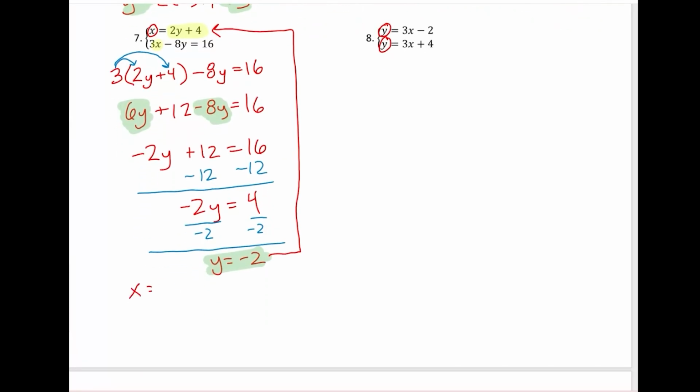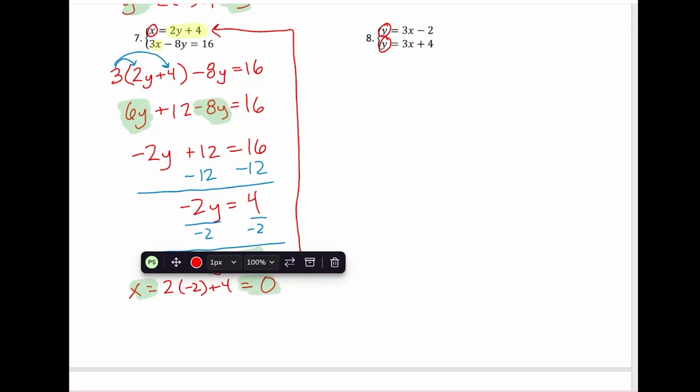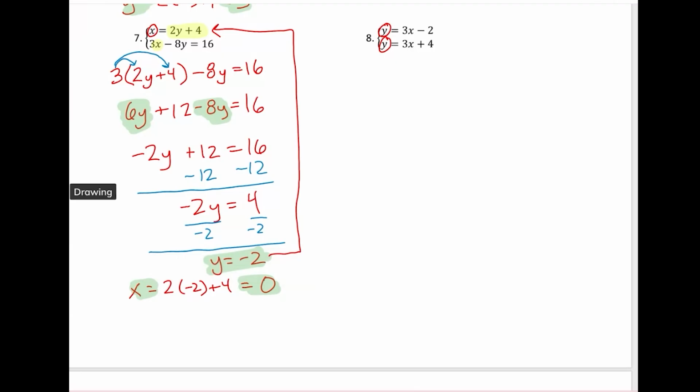So x is 2 times -2 plus 4. 2 times -2 would be -4, and -4 plus 4 is 0. So now we've got our y, we've got our x. Even though we found y first, we'll still write our solution as x comma y every time. So our solution to the system is 0, -2.